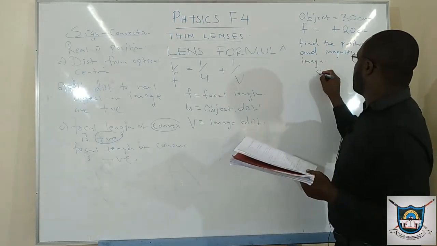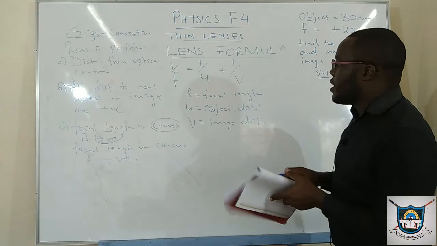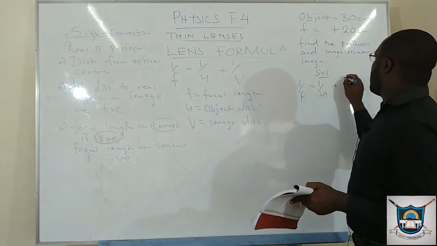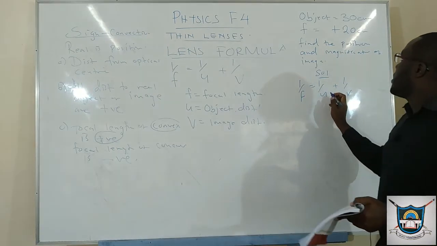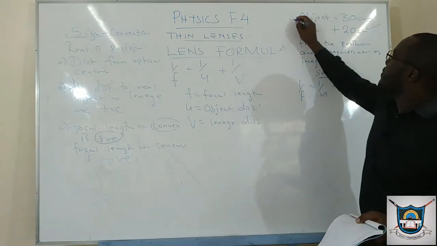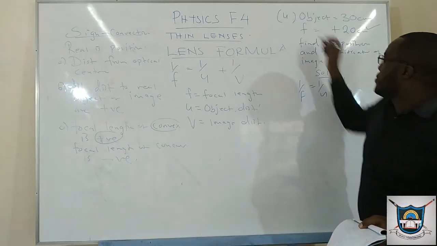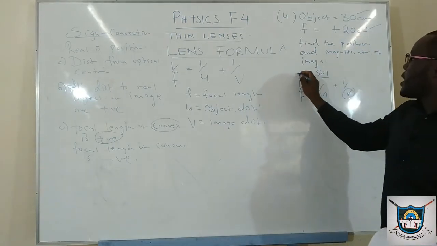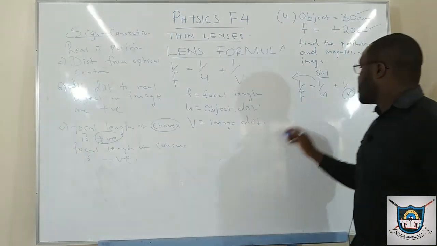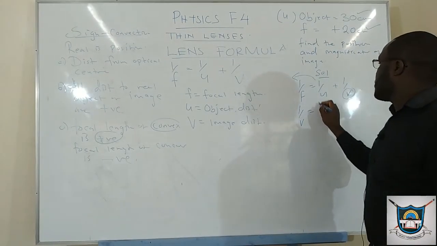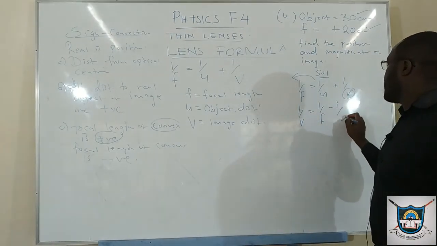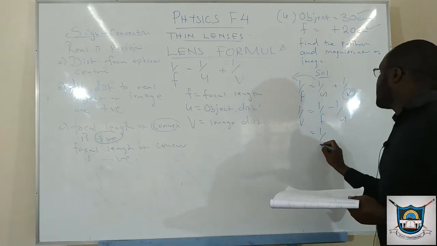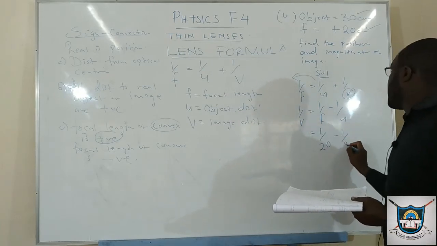In the solution, we say that 1 over f is equal to 1 over u plus 1 over v. We have f, and we also have the object distance u, so we are looking for v. Therefore, I can reorganize the equation to get 1 over v is equal to 1 over f minus 1 over u. We have this as 1 over 20 minus 1 over 30.